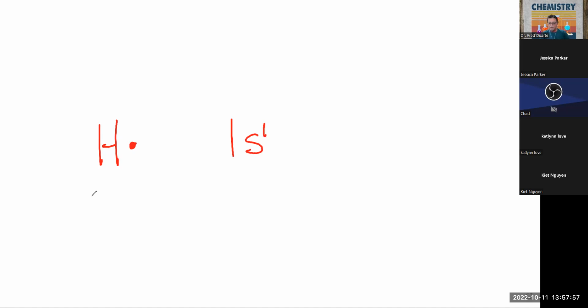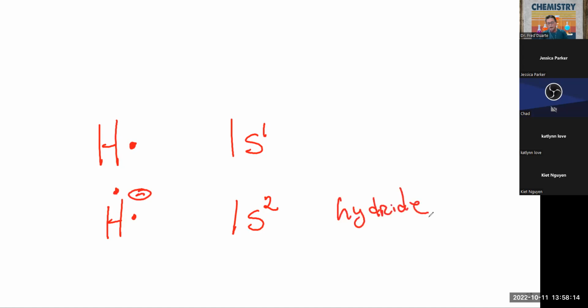So hydrogen is very unique in that it can pick up another electron. And when it does that, it has an overall negative charge, and we call that a hydride. Now, we're not going to talk a lot about the hydride, but it's used in chemistry for a lot of good purposes.